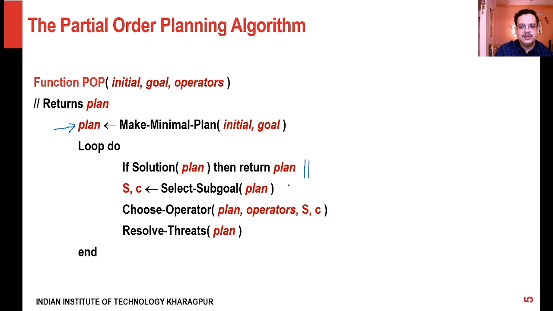If we have not reached a solution, then there is some sub goal which is still unfulfilled. So we still have to fulfill some sub goals. In that case, I am going to select some sub goal from the plan which is not yet fulfilled, and then corresponding to that sub goal I will choose an operator, which is an action.